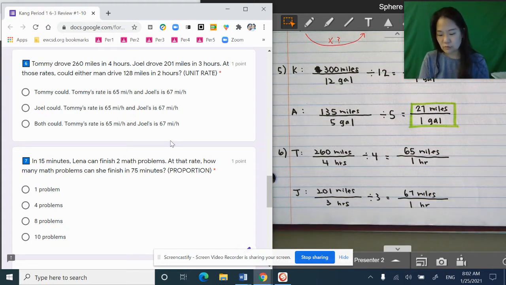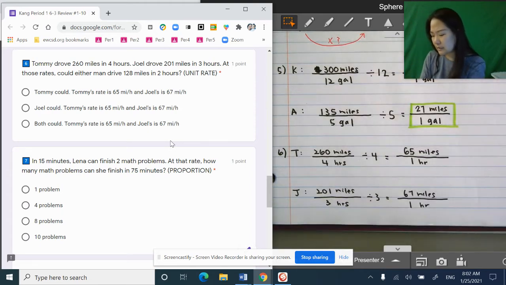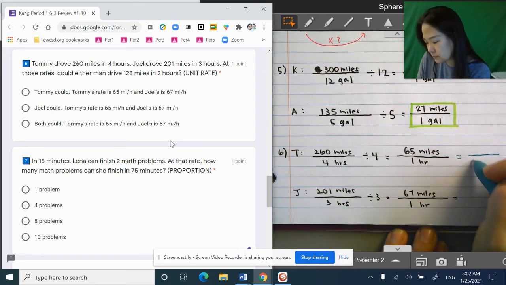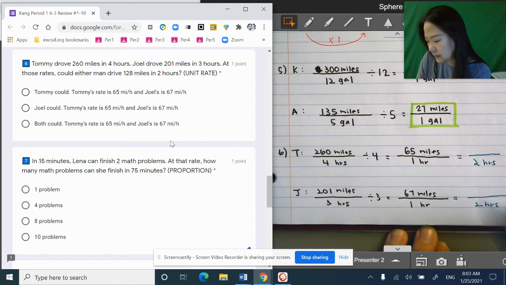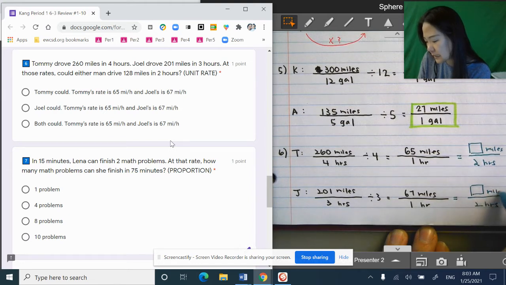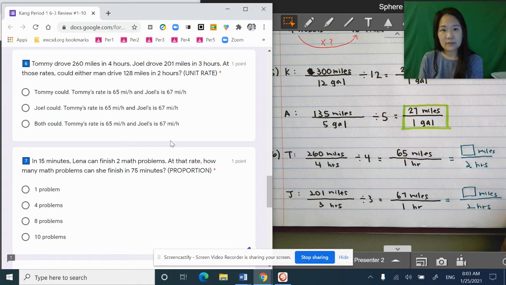So what I'm going to do now is set up an equivalent rate with 2 hours, and find how many miles for 2 hours, to see if either one or both or neither can drive 128 miles in 2 hours.